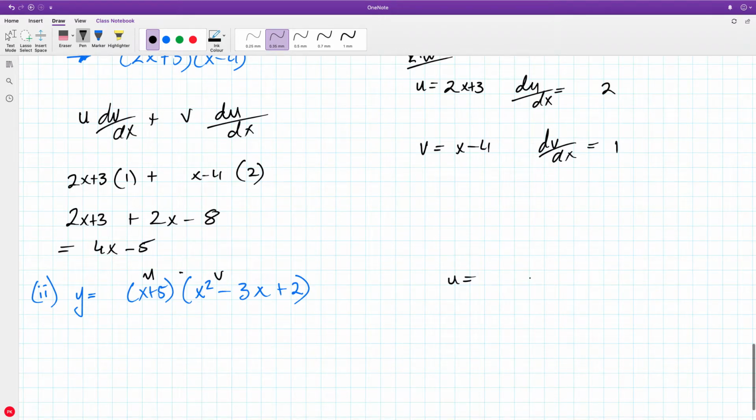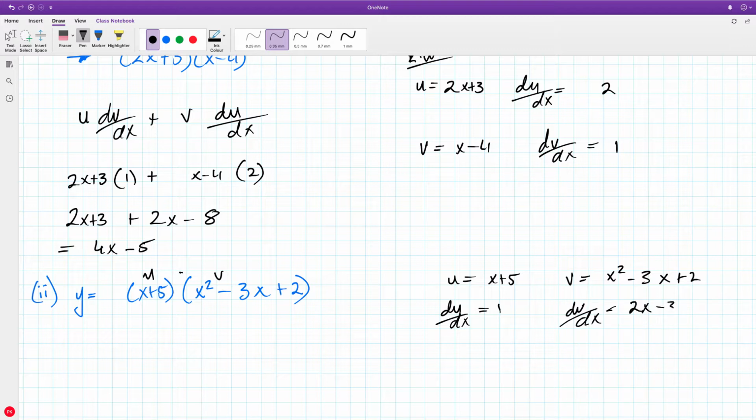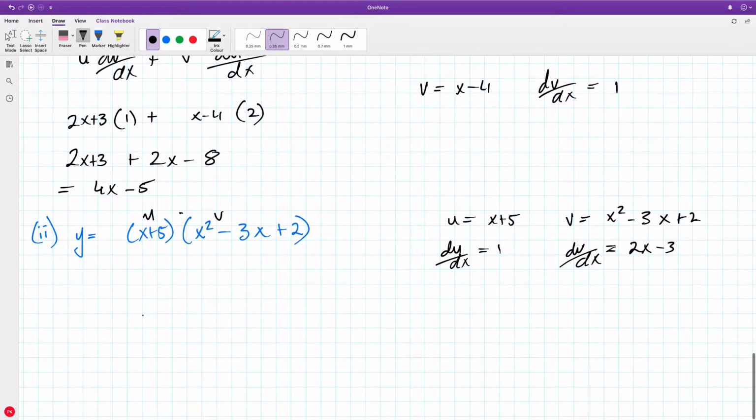So, u is equal to x plus 5. du dx is equal to 1. v is equal to x squared minus 3x plus 2. dv dx is equal to 2x minus 3. So u dv dx, u is x plus 5, dv dx is 2x minus 3, plus v times du dx.